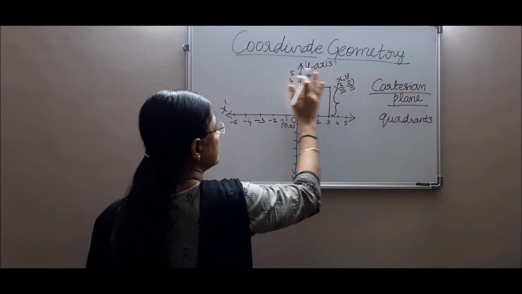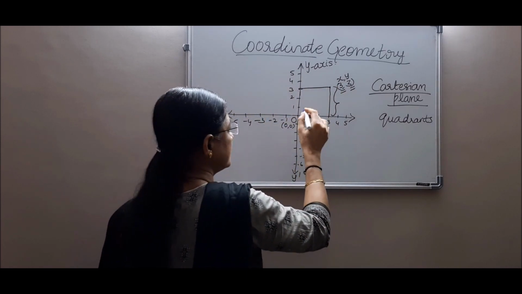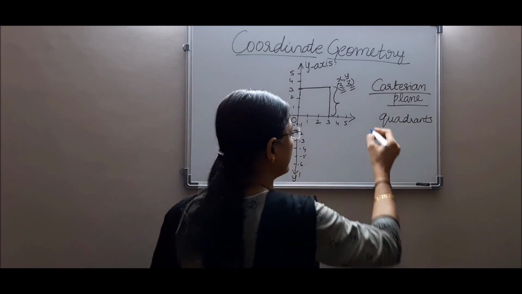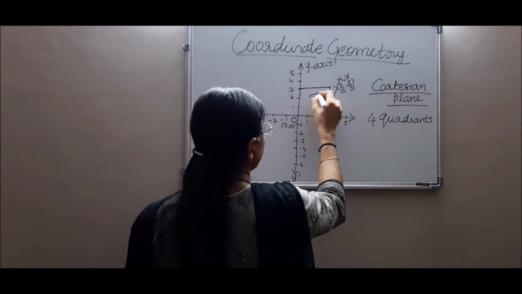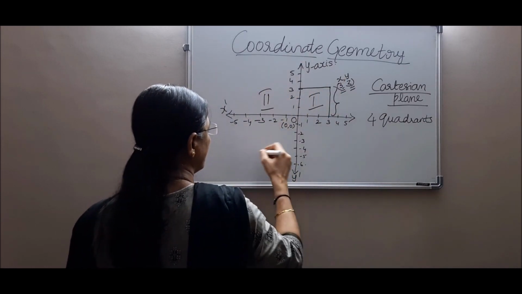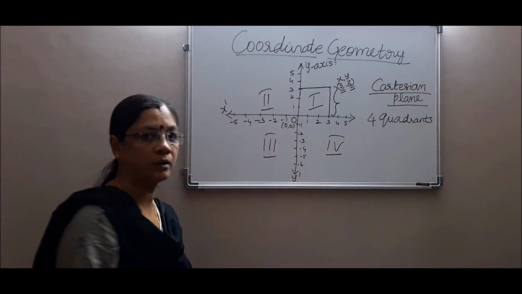Isn't it? Each is one quadrant. See, it makes 90 degrees each, total 360: 90, 90, 90, 90. So there are 4 quadrants totally, and this is the first quadrant, the second quadrant. So it goes anti-clockwise, third quadrant, and this is the fourth quadrant.